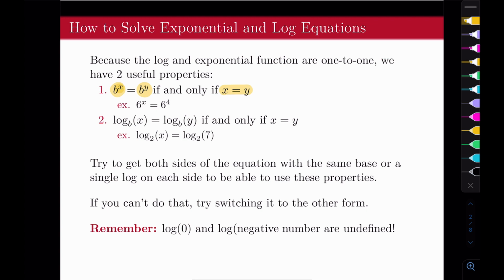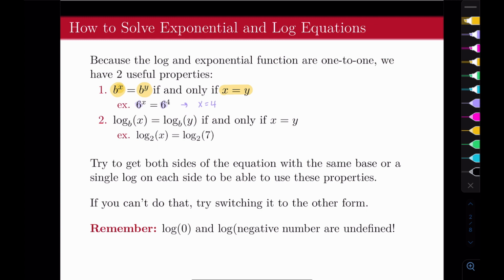So when I'm dealing with an exponential equation, my first step is to see, can I write both of these sides with the same base? Because if so, then I can say these exponents are equal. Solving this equation would result in x equaling 4, because the exponents would have to be equal. We get to ignore that base part then.